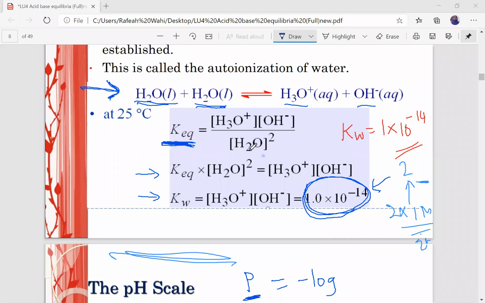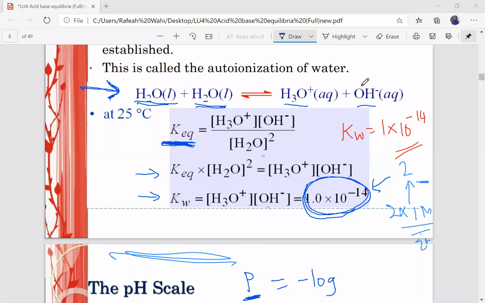So this is the normal way to calculate any Keq or any equilibrium constant. Normally we have the product side here times with the other one. In this case, for water ionization, you have to consider two molecules of water dissociating into H plus ion or hydronium ion and also hydroxide ion.